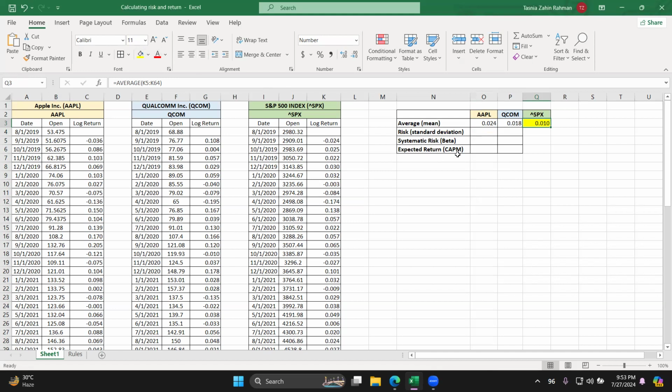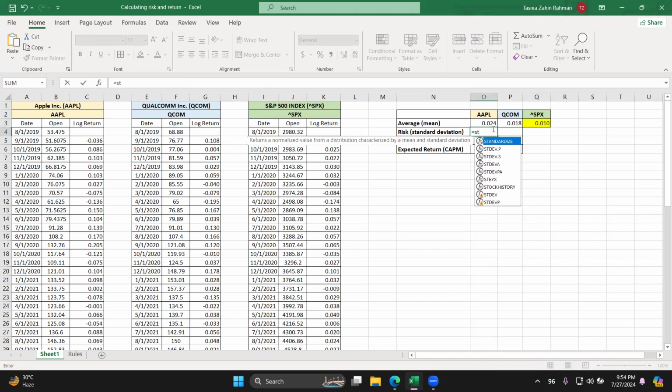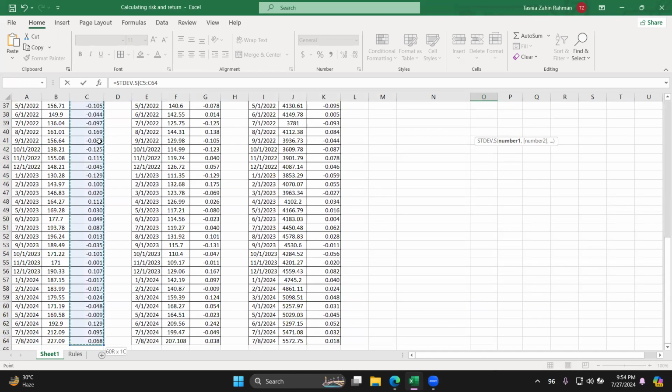So the formula for standard deviation here is STDEV, and we're going to choose the one with S, open bracket, and in the same way, I'm going to pick the whole array of our log returns and enter.